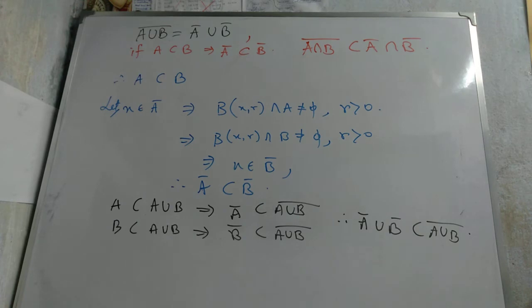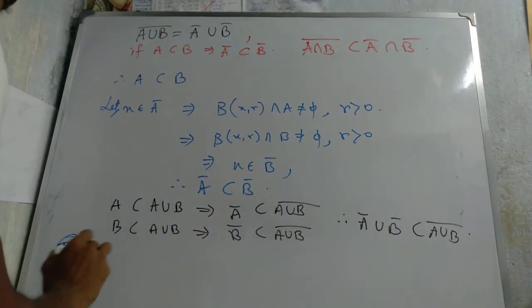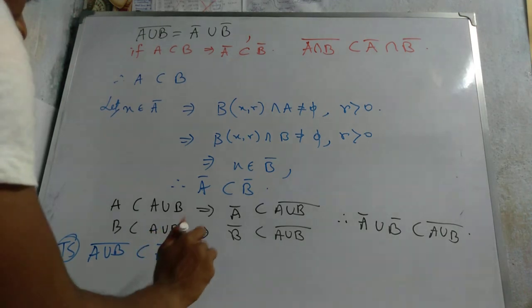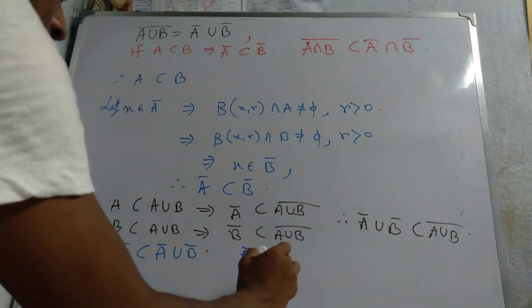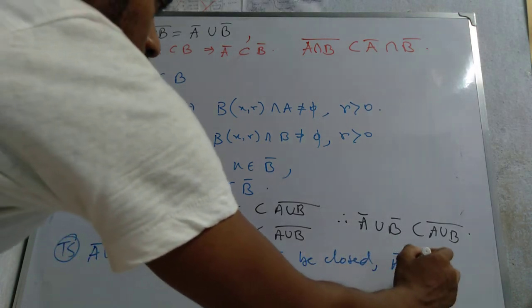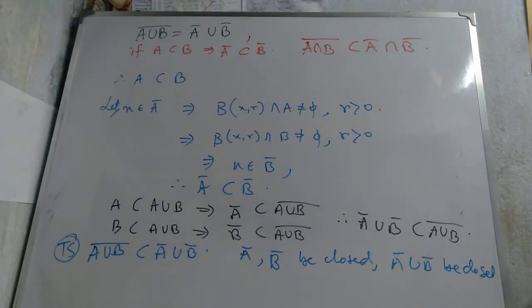Now we're going to prove the next result. We have to show that the closure of A union B is a subset of the closure of A union the closure of B. We know that the closure of A and the closure of B are both closed sets, so the closure of A union the closure of B is closed.